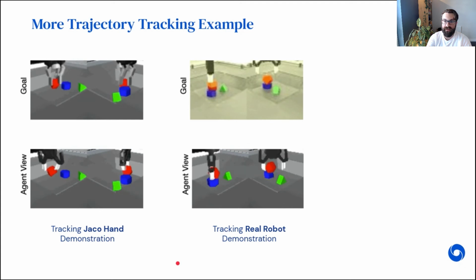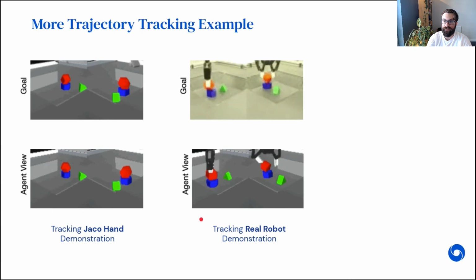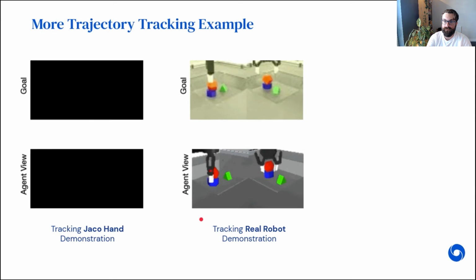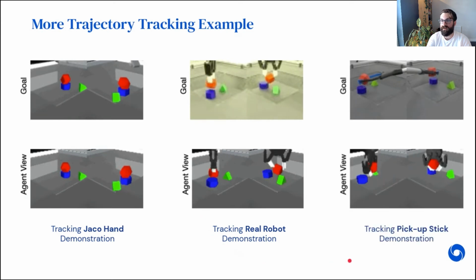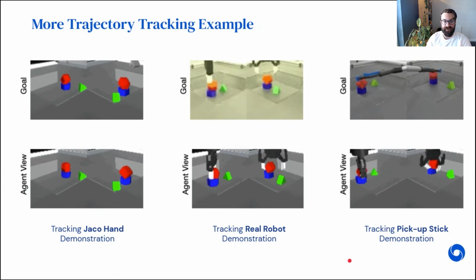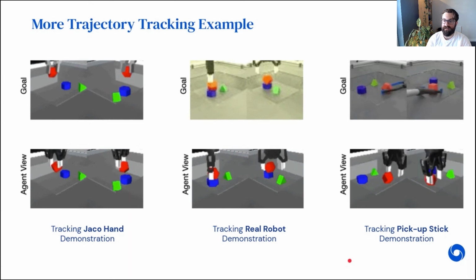So there's a demonstration in the real world, and again, our imitating agent is tracking it at the bottom here. And finally, I'm showing also how we're able to track a demonstration by somebody in the lab using a pickup stick to manipulate these objects.